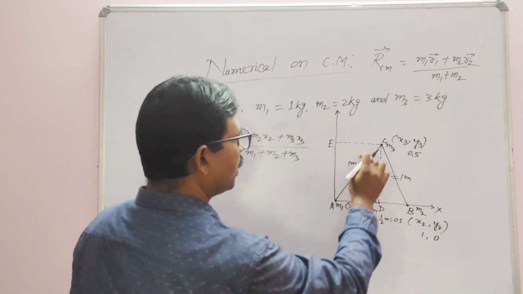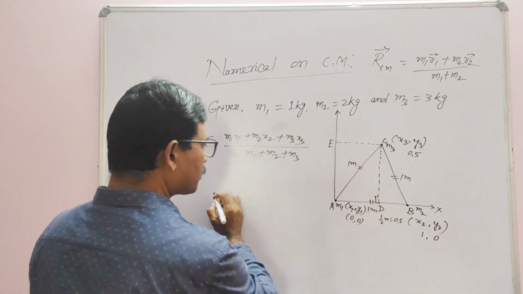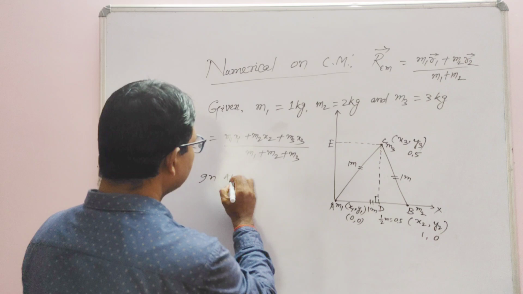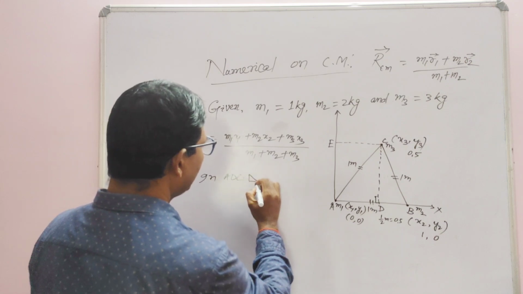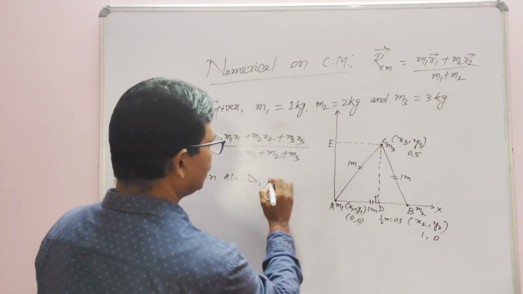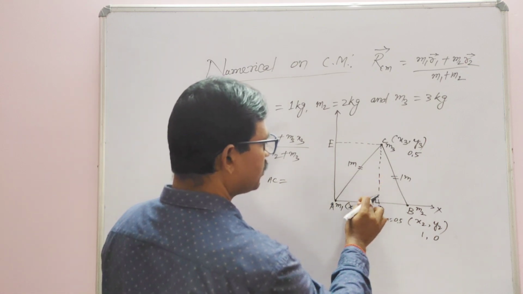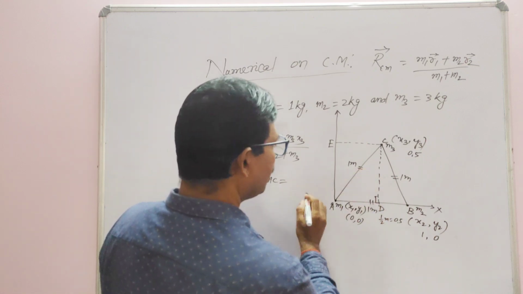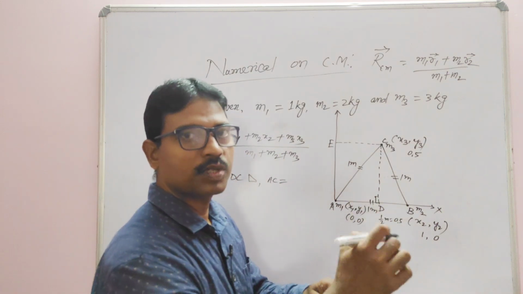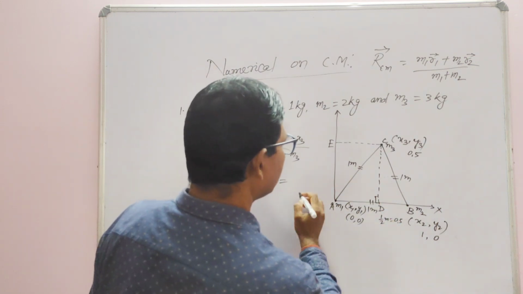So in ACD, in ADC right angle triangle, what are you getting? This is H, this is P, this is B. So H is equal to how much? Square root of P square minus B square.